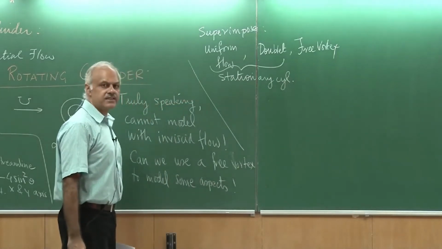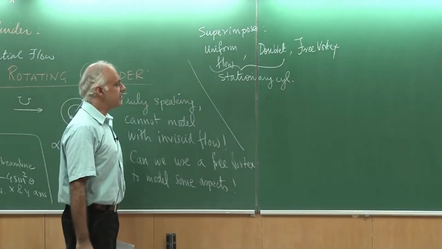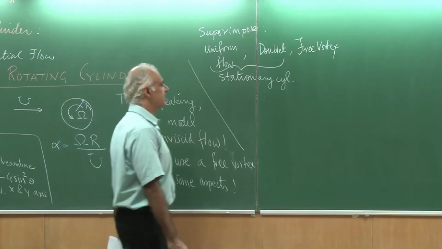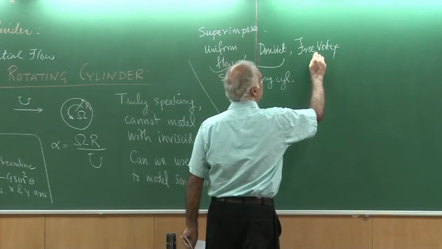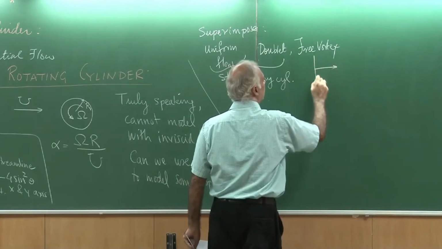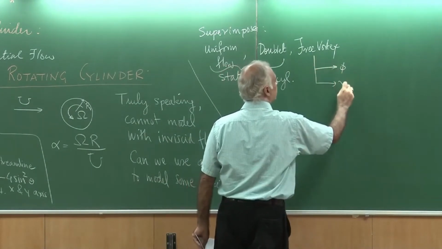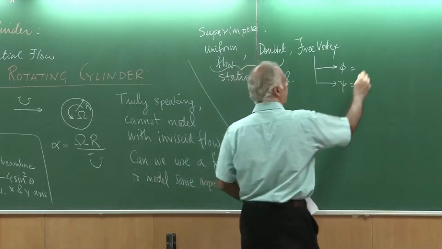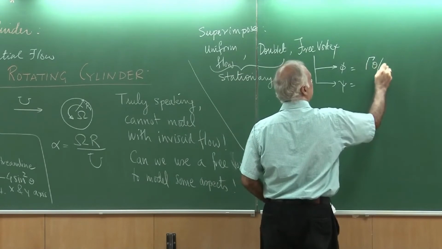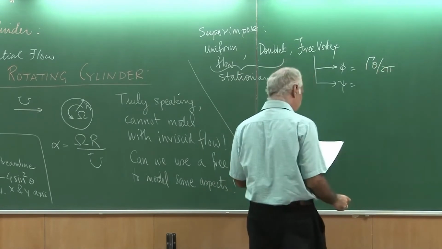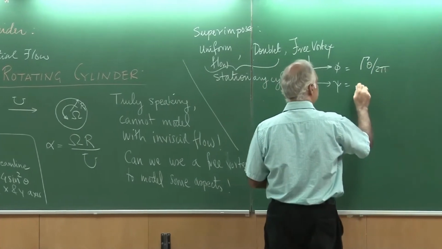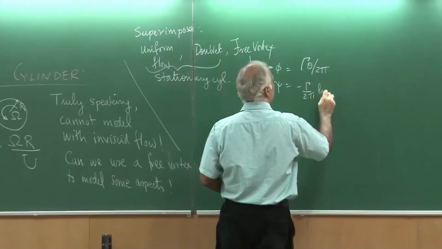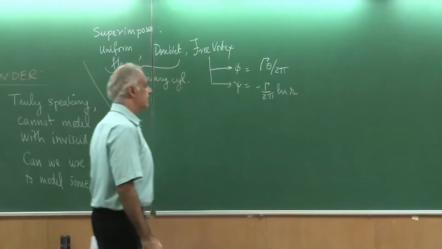For the free vortex, we have already seen what the phi and psi, the potential and the stream function, are. Let me remind you. Phi is given as gamma theta by 2 pi, and psi is given as minus gamma by 2 pi natural log of r.